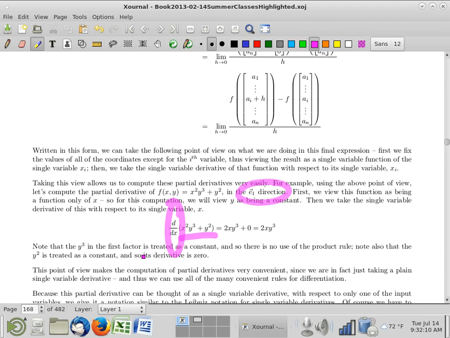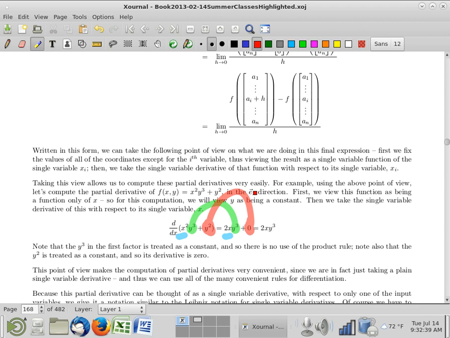So x is the only variable I actually treat like a variable. So we treat y as a constant. And when you're treating y as a constant, notice that it just kind of stays there if it's a factor of a function of x, and the derivative of x squared is 2x. Right? And then if it's a term by itself, its derivative is 0, because it's, again, a constant.